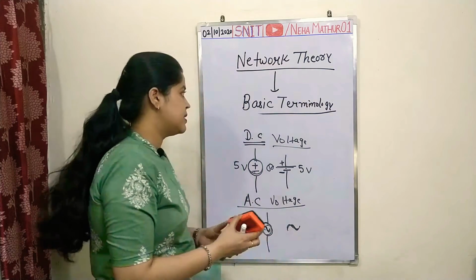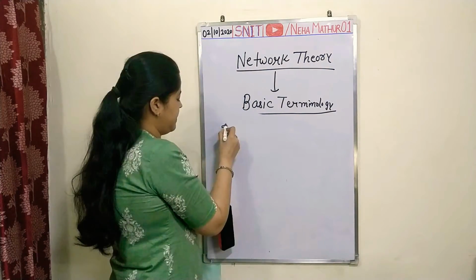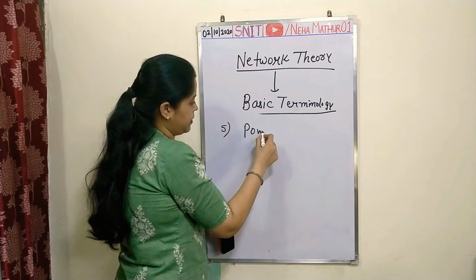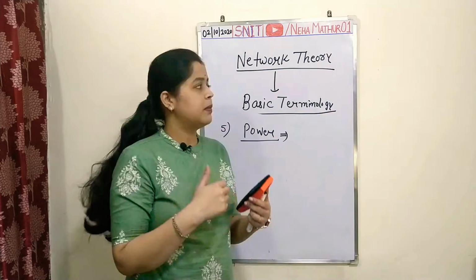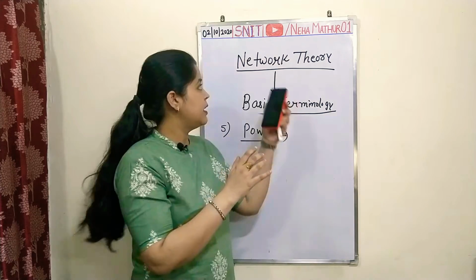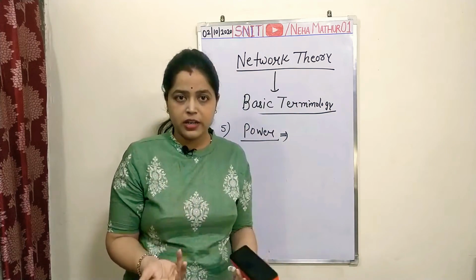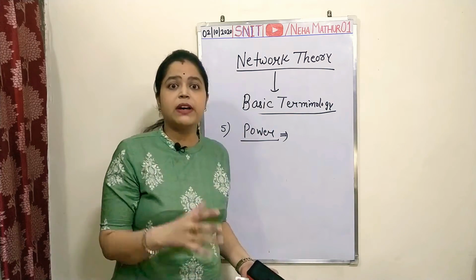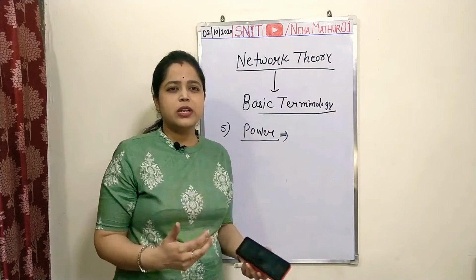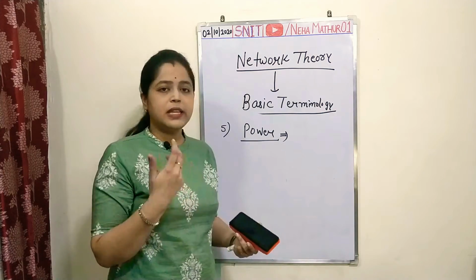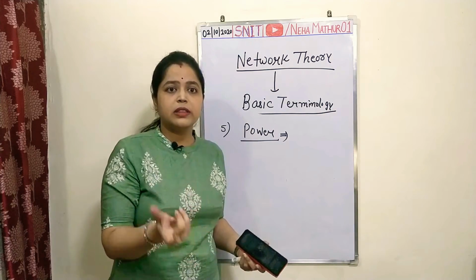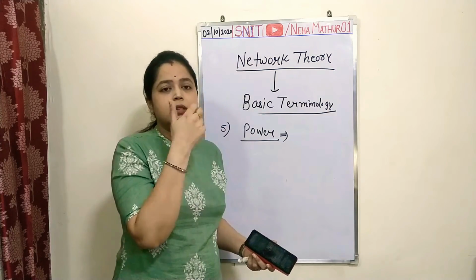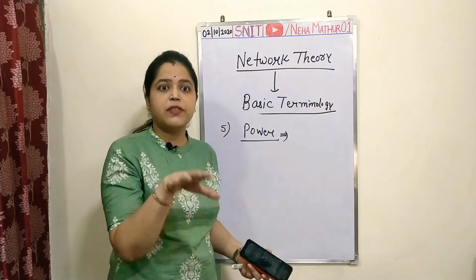Now the next basic terminology is power. You will have to find the power in networks, in electric circuits, in upcoming days when you use network theories to simplify the circuit. Many times in the examination the question is like, find the power in that specific branch, find the power in that specific circuit.